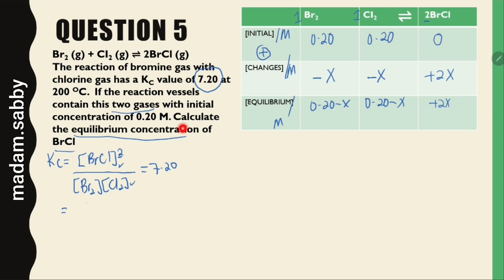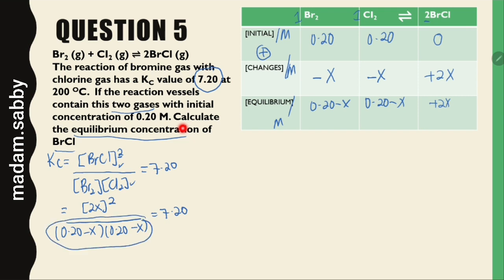So [BrCl] is 2x to the power of 2, over 0.20 minus x and 0.20 minus x, equals 7.20. You have to expand the one at the bottom first. So 2x squared is equivalent to 4x squared, over 0.04 minus 0.40x plus x squared, equals 7.20.